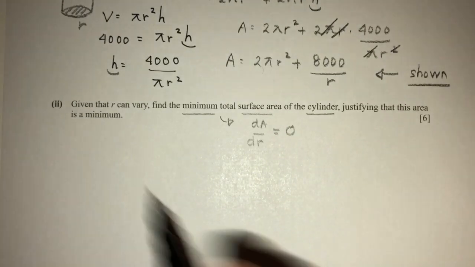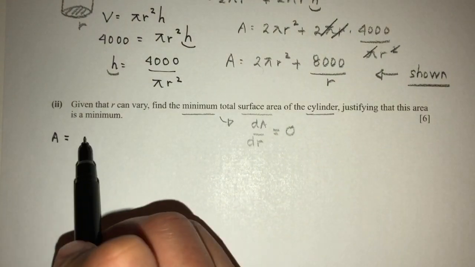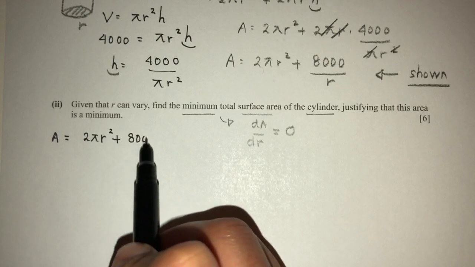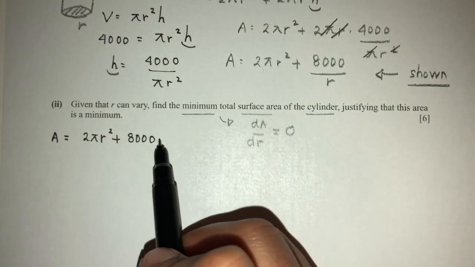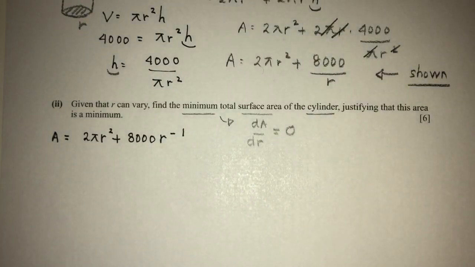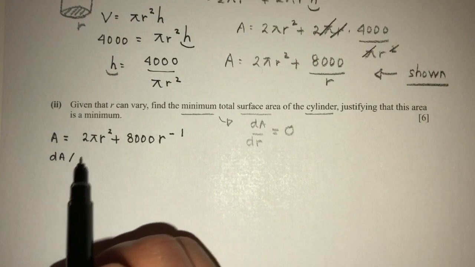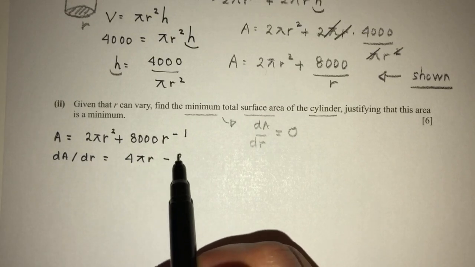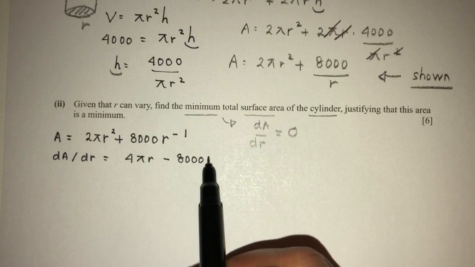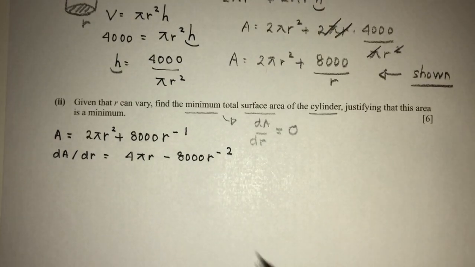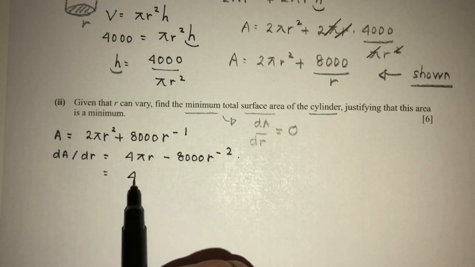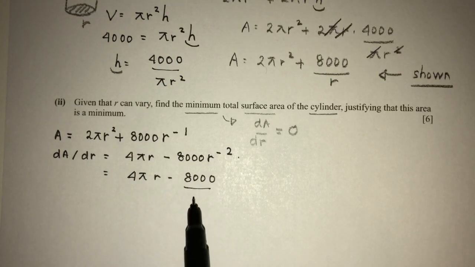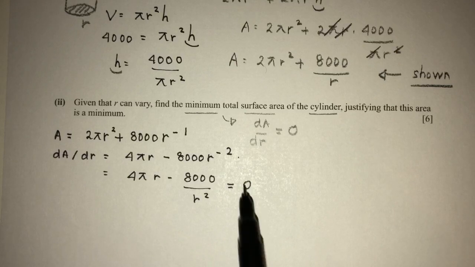So now let's rewrite A. A can be written as 2 pi r square plus 8000 r to the power minus 1. Now to find dA by dr, that will be 4 pi r minus 8000 r to the power minus 2. Let's rewrite this. You will have 4 pi r minus 8000 over r square equals 0.